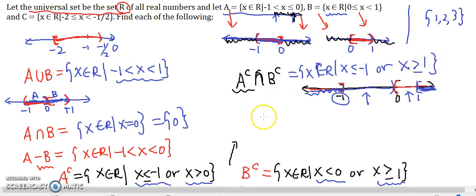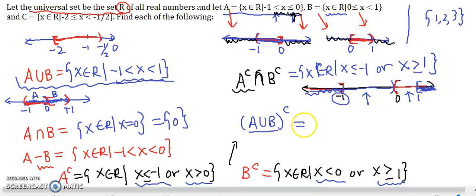Okay, and we can do one more. We can first do the union, then do the complement, because parentheses go first, following the order of operations. We have to find A union B, which we already have the answer to. That's A union B right here. I'm going to use that. So let's draw a graph for that.